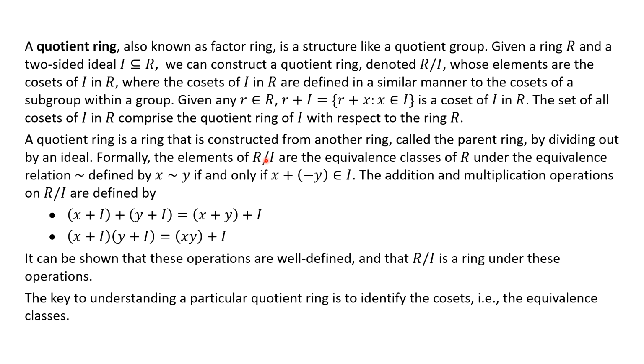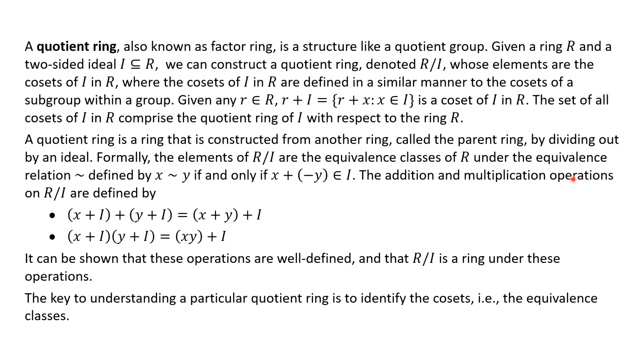Formally, the elements of R slash I are the equivalence classes of R under the equivalence relation tilde, defined by x tilde y if and only if x plus the additive inverse of y is an element of the ideal.